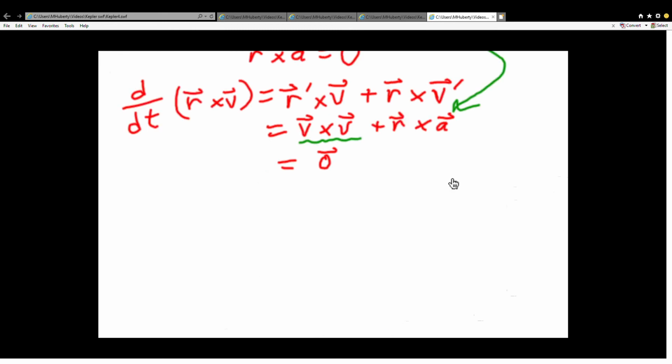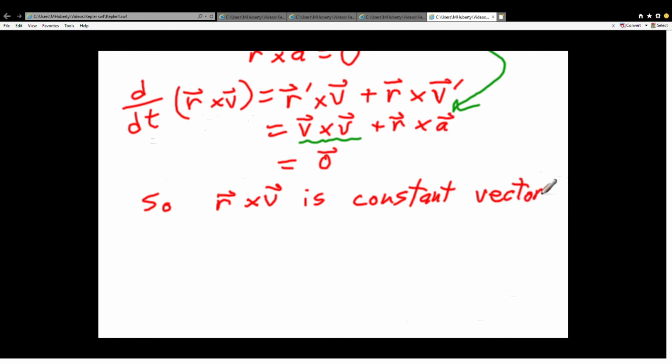Well, the key to this is that taking this derivative of r cross v being the zero vector, a derivative of something being zero means the original thing had to have been constant, right? So in fact, r cross v is a constant vector. And that's the reason we actually did this cross product, was to show that.